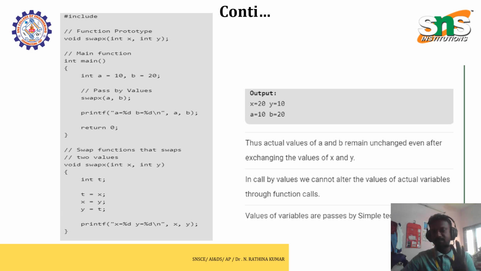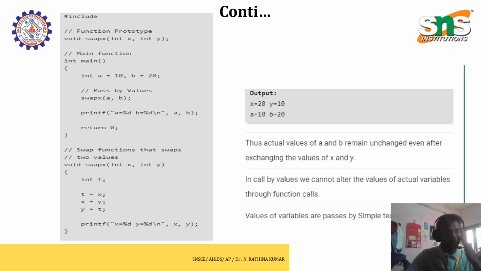Any changes made inside the function are not reflected in the actual parameters of the caller, because they are located in different locations. So if we make any changes in the formal parameters, it does not reflect in the actual parameters. This is called call by value.